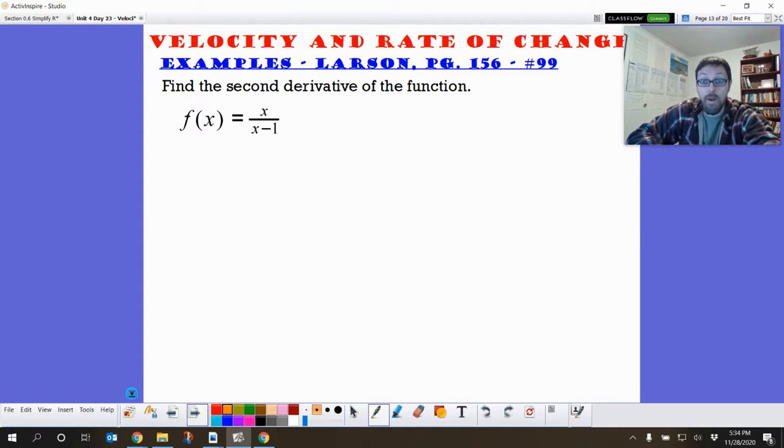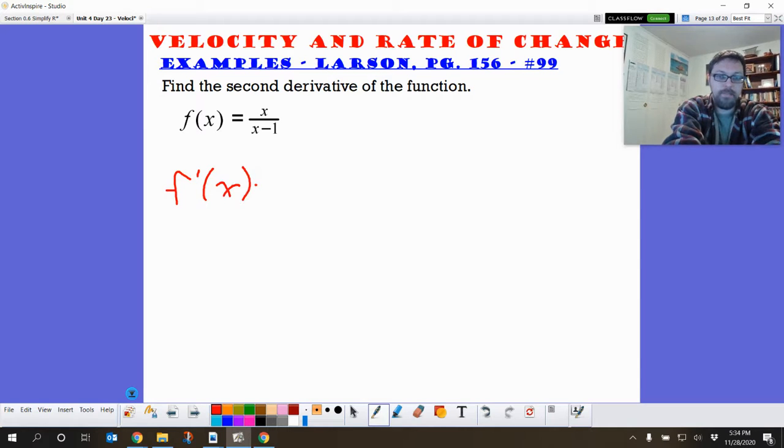Okay, one more quotient rule problem, just to make sure we really got that quotient rule down. F prime of x equals, we need to do the derivative of the top, which is 1, times what was on the bottom, x minus 1, minus the derivative of the bottom, which is 1 again, times what was on top, which is x.